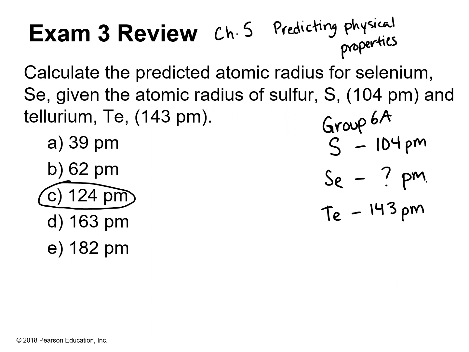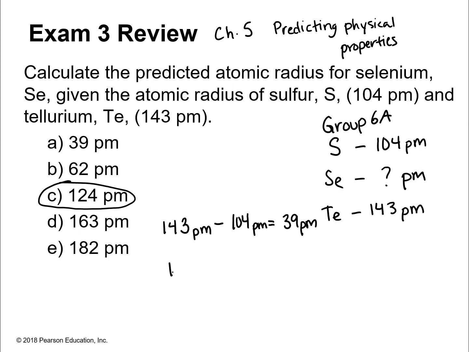If that kind of logic doesn't make sense to you and you want to see the math, then here's what you do. You find the difference between sulfur and tellurium. That difference is 39 picometers. We're going to say that selenium is going to be about halfway in between.